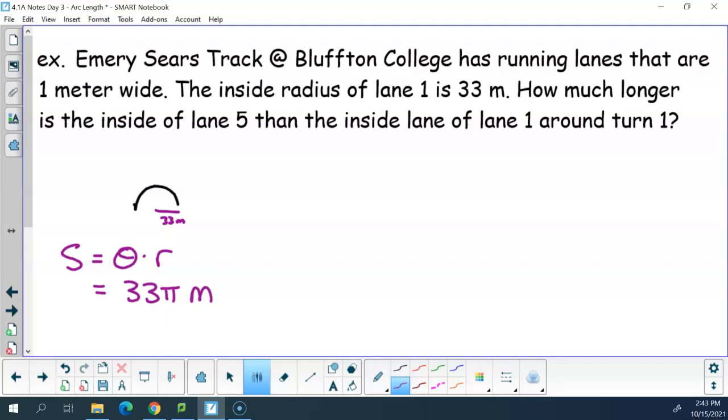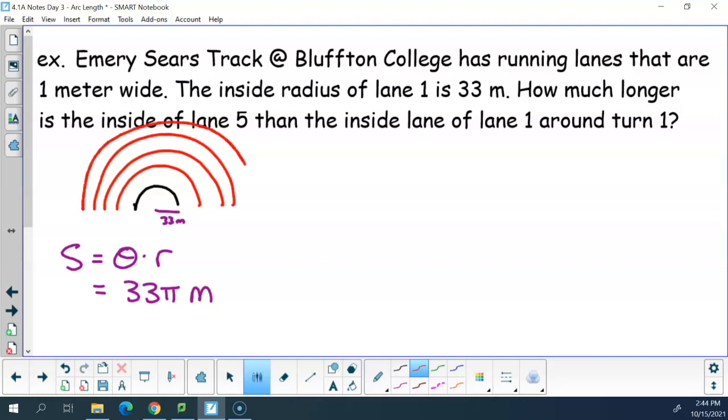Each lane is 1 meter wide. That's 1, 2, 3, 4, 5.